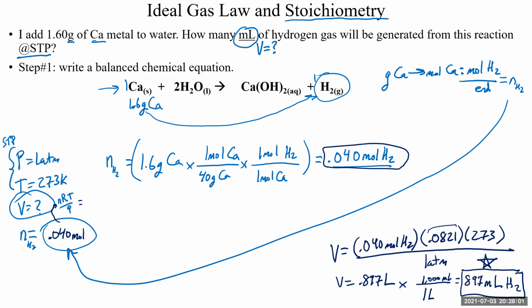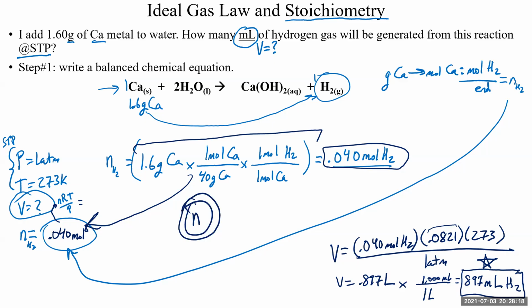Because it's not. The important thing is that you understand the stoichiometry and how the stoichiometry relates to the ideal gas law. Oftentimes the linchpin, the connection, the junction between stoichiometry and the ideal gas law all centers around N. N is moles. Moles are used in chemical equations and they are used in the ideal gas law with gases.